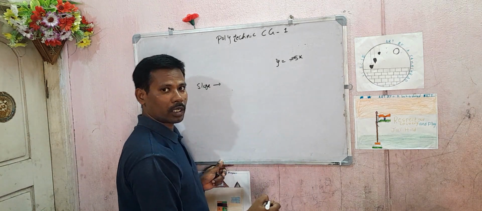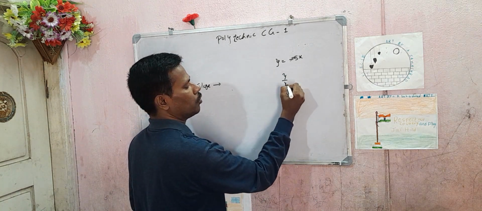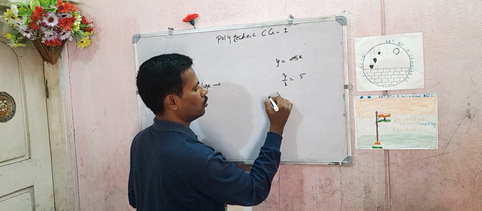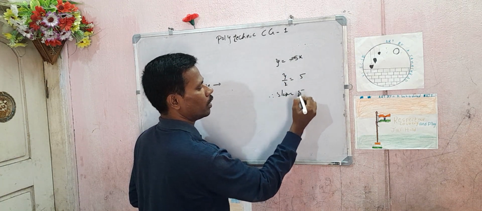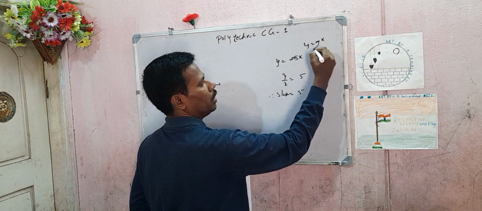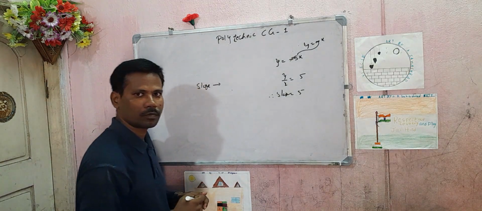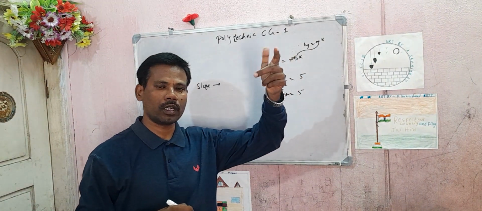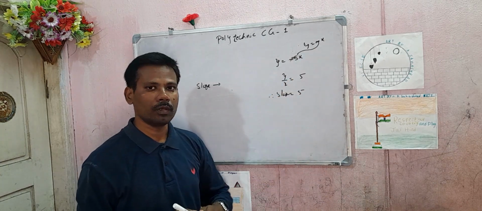Ratio of y coordinate by x coordinate can be written as y by x is equal to 5. Therefore, slope is equal to 5. That means y is equal to mx, where m is nothing but slope. Just remember, the ratio of y coordinate by x coordinate is nothing but slope.